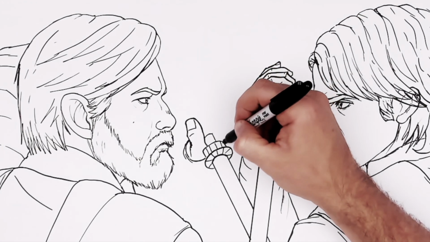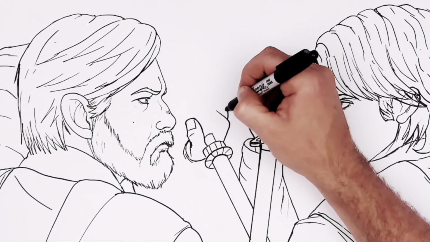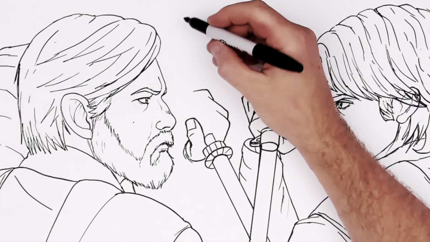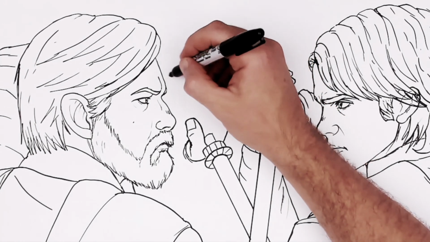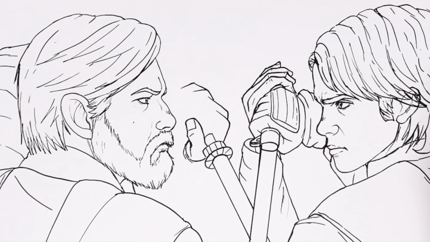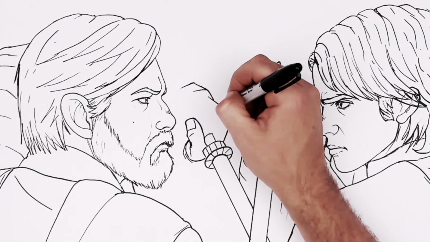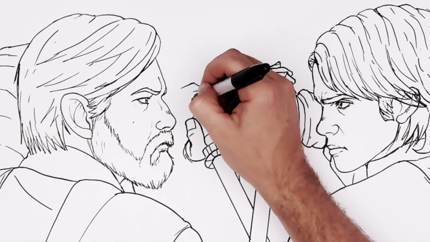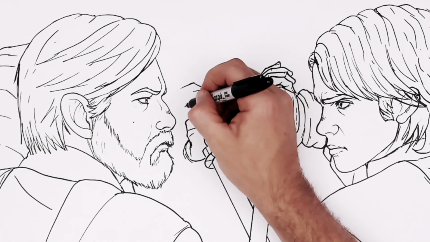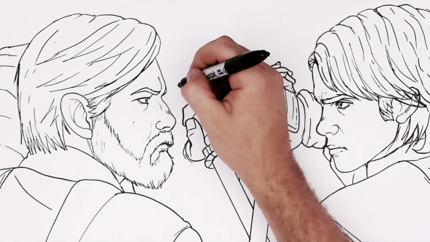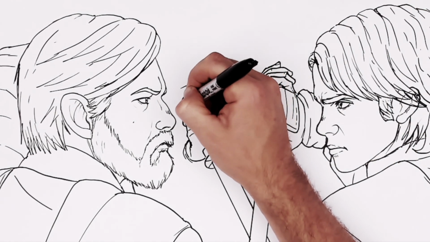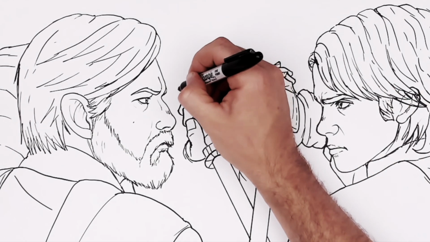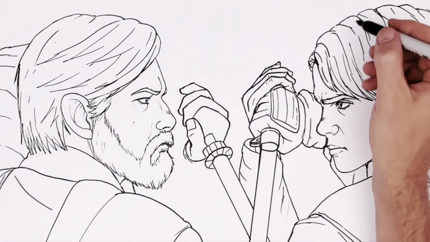Right, and then his knuckles, 1, 2, 3, 4. So this first finger goes down behind his thumb. The next one sticks out a bit there. Hands are very hard, so take your time. And then this is his little finger there.